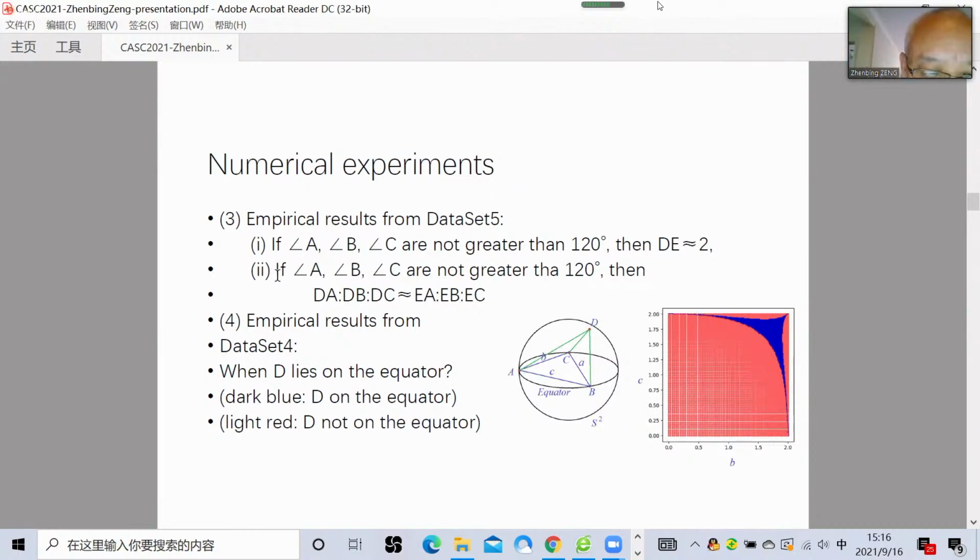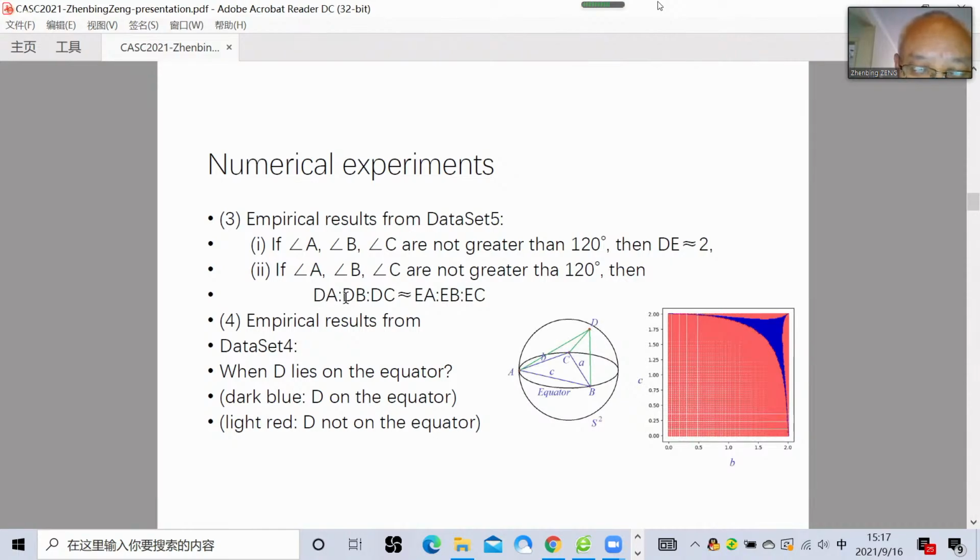The second observation is that if angles A, B, C are not greater than 120 degrees, then we have this property.